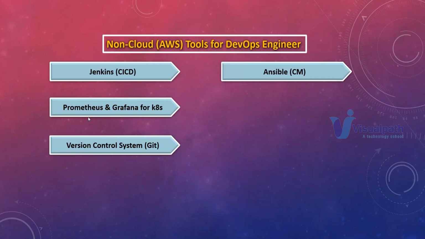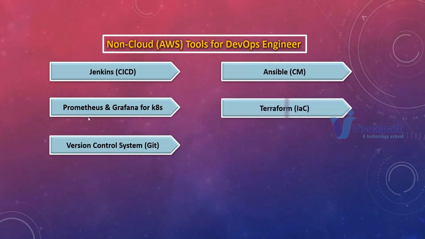Who will do that job? Ansible. We have Ansible, Puppet, SaltStack, Chef. We have so many tools like that under configuration management. The tool we are learning in this course is Ansible, which is pretty easy to learn and easy to manage. That's the reason why we are learning Ansible.